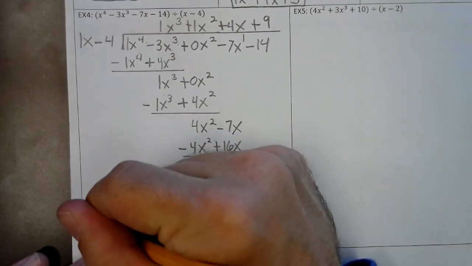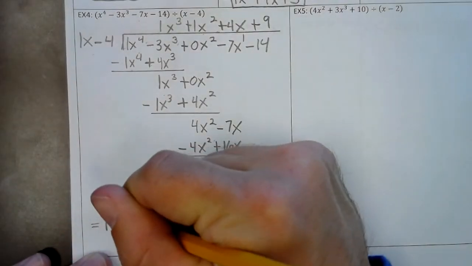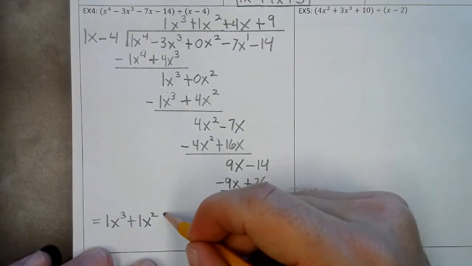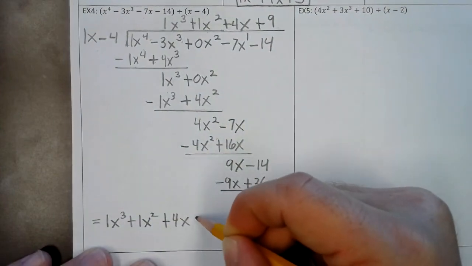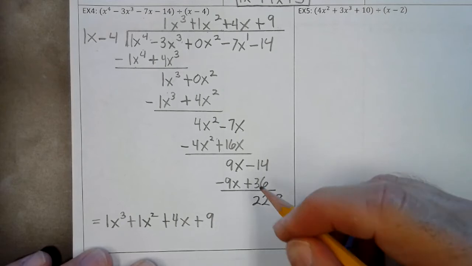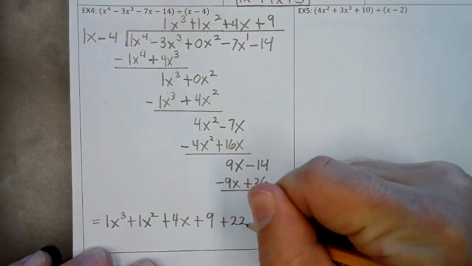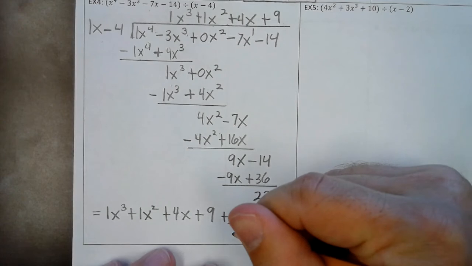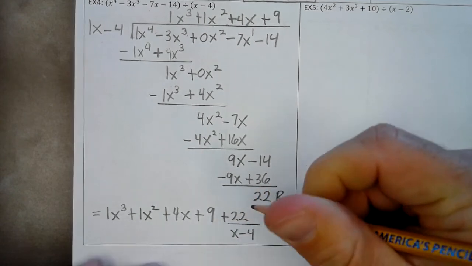So you get 1x cubed plus 1x squared plus 4x plus 9 plus 22 divided by x minus 4.